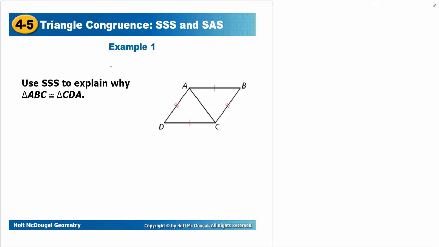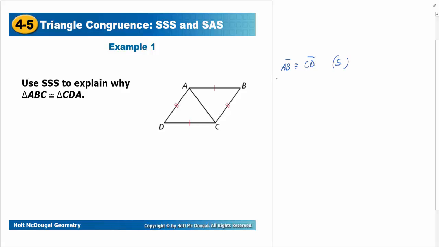All right, so let's go ahead and get started here. We're going to use side, side, side to explain why these triangles are congruent. Right now we have two congruent pairs of sides. So we have a side here and a side here. What we have is AB is congruent to CD.